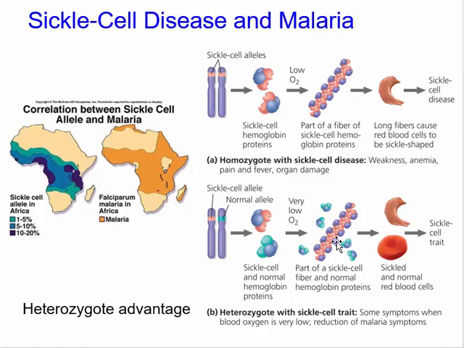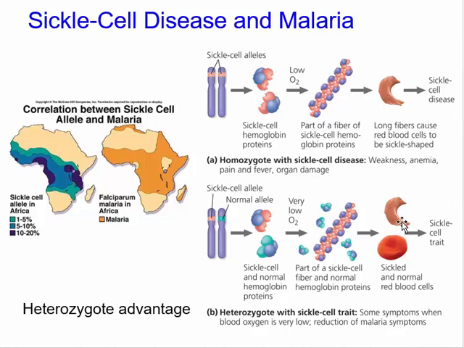And so what happens when, here's the scenario where somebody is homozygous, has sickle cell disease, under low oxygen condition, those hemoglobin molecules form those chains, those sickled blood cells clog up the spleen and capillary beds, and that's where you get disease. With the heterozygote, you get that too. But what might be happening, what we think is happening, is an infected red blood cell will form this sickle shape.